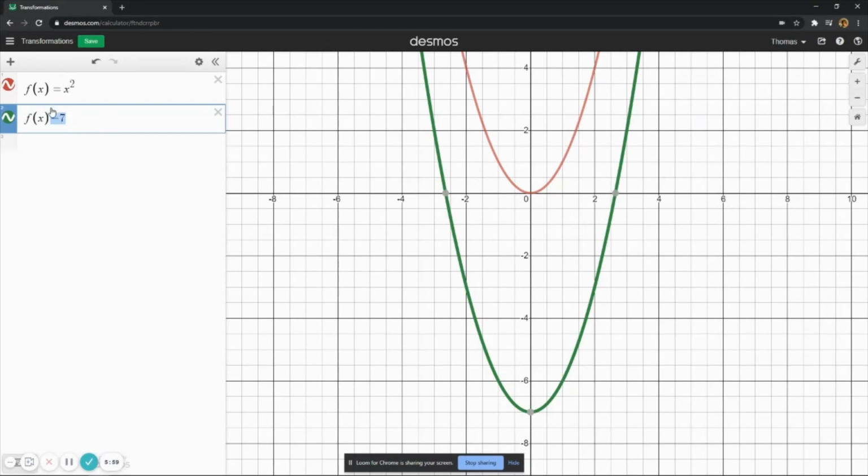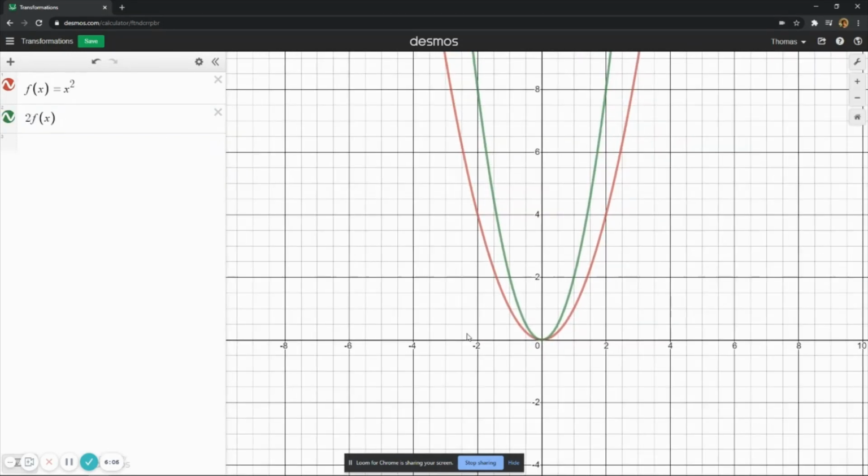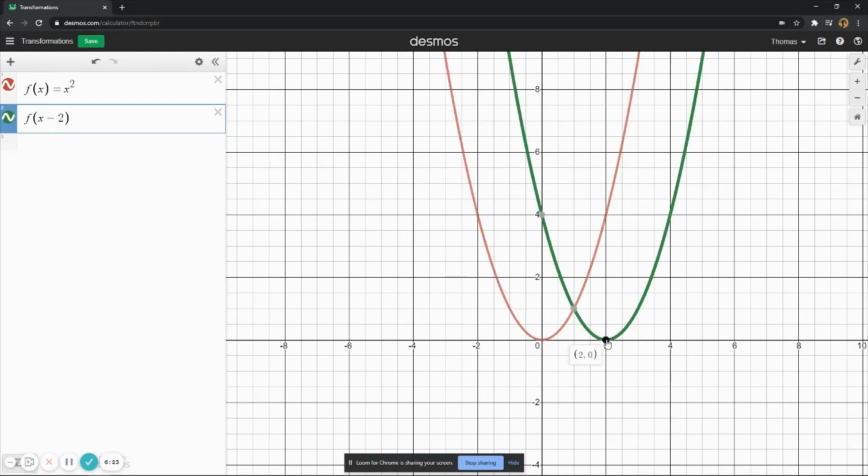Okay, what if I multiplied all of this by not -1, but let's say 2? Is this affecting the y values or the x values of a graph? Well, it's kind of hard to see here because I haven't done anything in the horizontal direction at all. So what if I took that 2 away, and I notice there's a 2 right here.